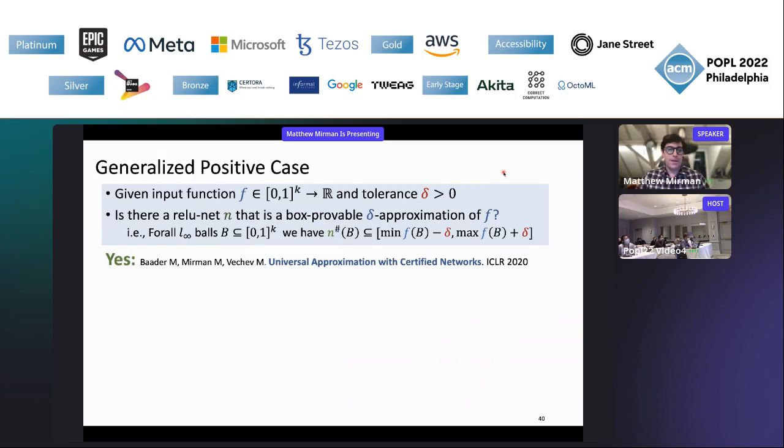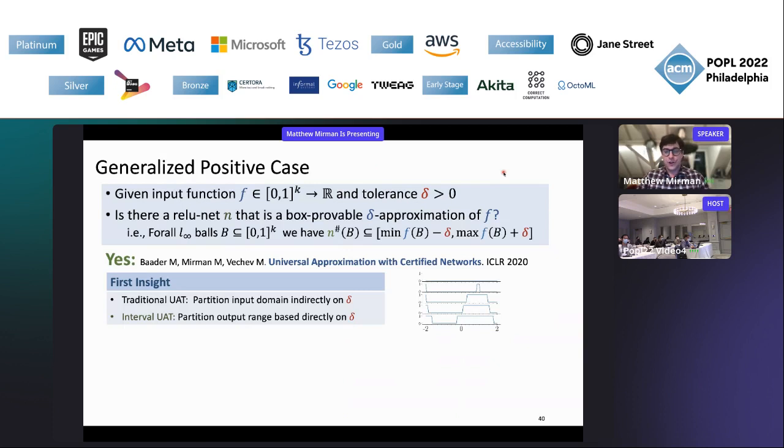We came up with the universal approximation with certified networks, specifically the interval certifiable universal approximation theorem. And this is based on the previous construction, essentially, but generalized to networks with different possible outputs than -1 and 1.